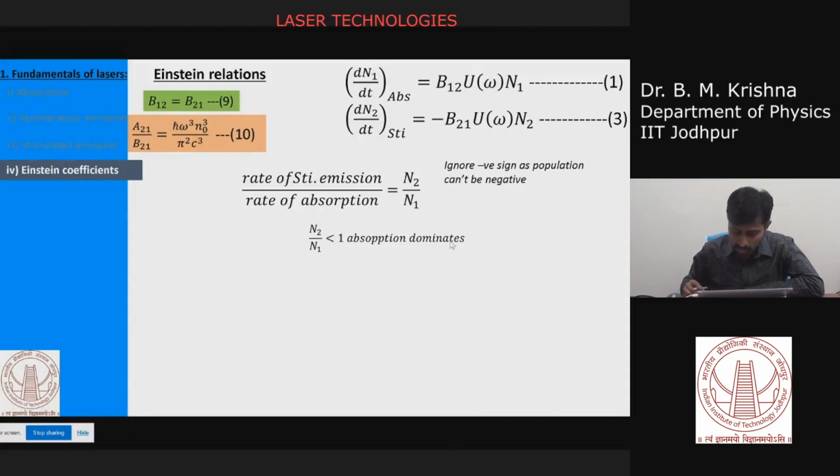The first condition: n2 by n1 is less than 1. The population of level 2 over the population of level 1 is less than 1. That means n2 is less than n1.